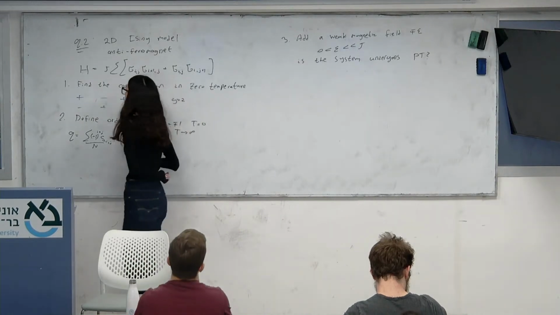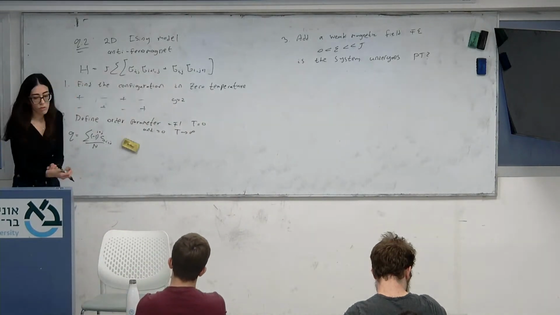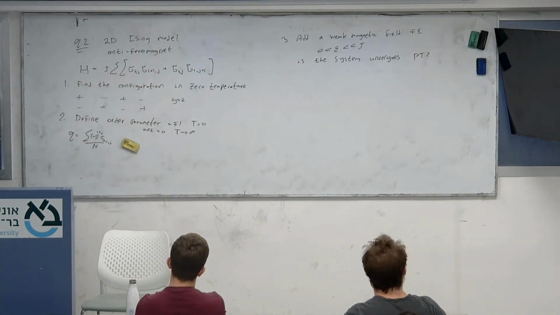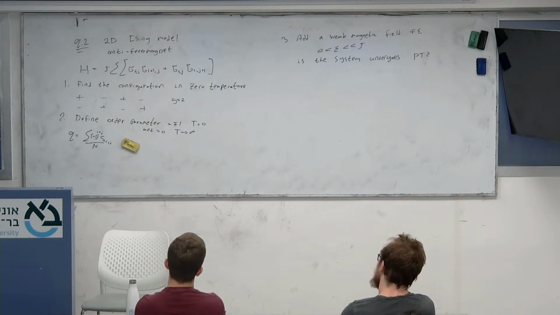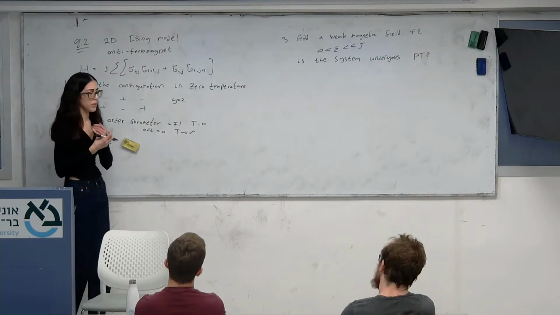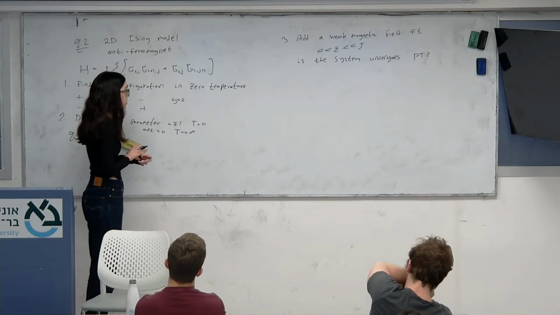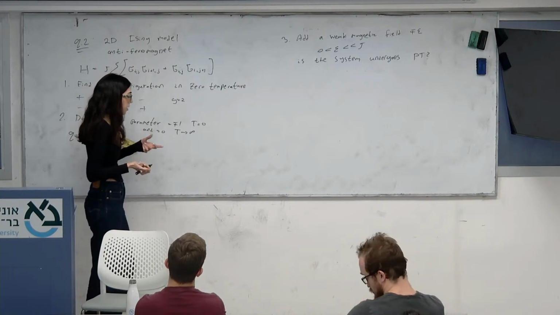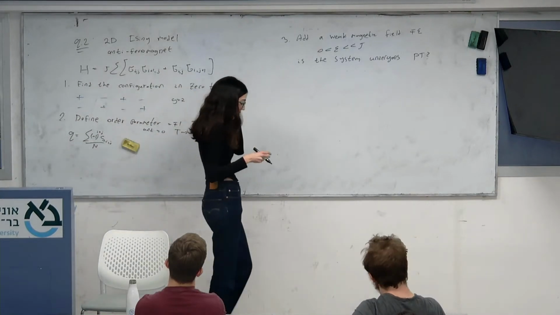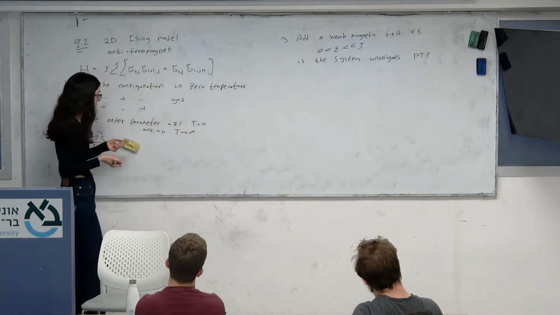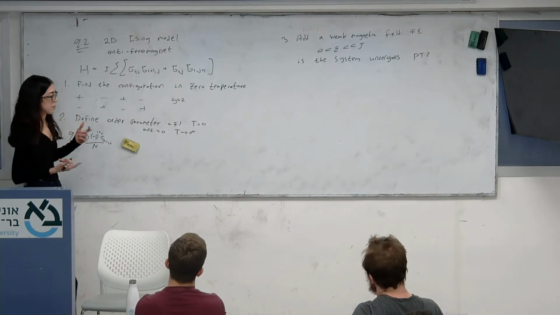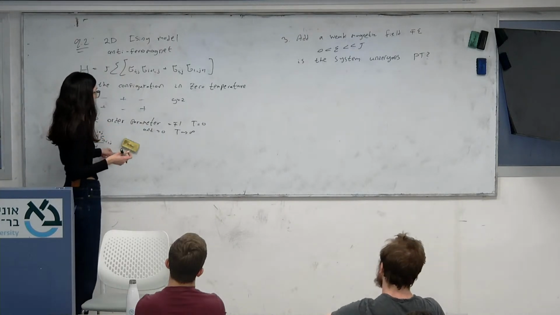So what do you think? Does it look familiar? When we talked about the weak magnetic field, we talked about the Imry-Ma argument. Remember, in the Imry-Ma argument, what we did in ferromagnets can easily be translated to an antiferromagnet.